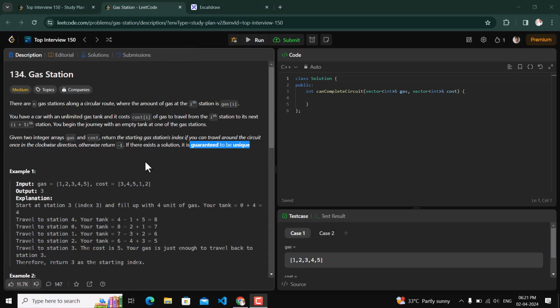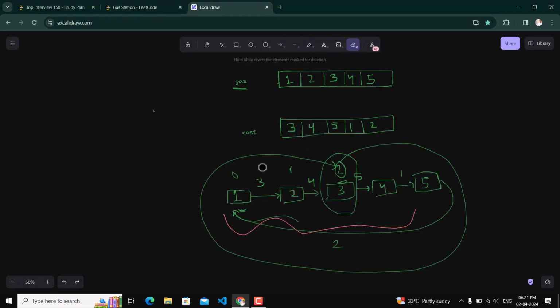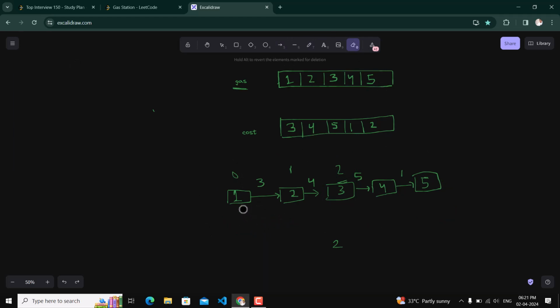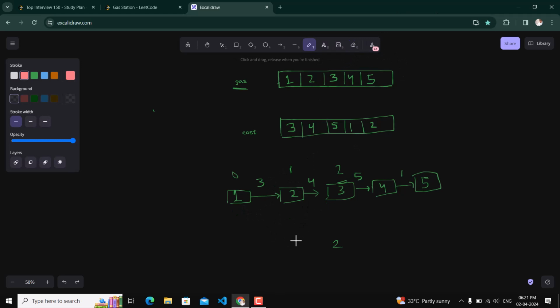I think we have understood the question. So now let's discuss some points related to it. Initially our fuel tank is 0.